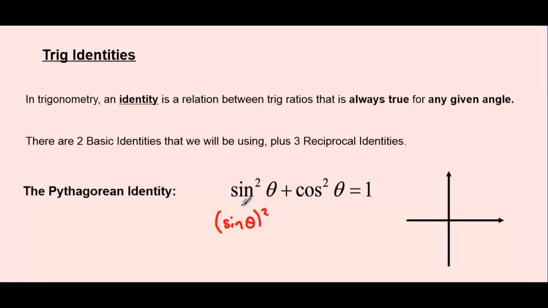This doesn't mean that we're taking the word sine and squaring it, because that wouldn't make any sense. These things are equal: sine theta all squared, we shorthand to just say sine squared theta. It means the same thing, just like cos squared theta is the same thing as taking cos theta, whatever that happens to be, and squaring it.